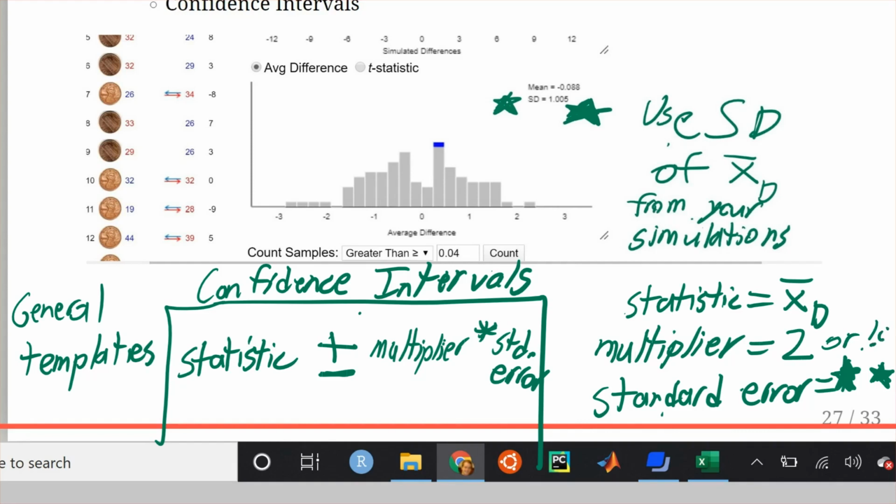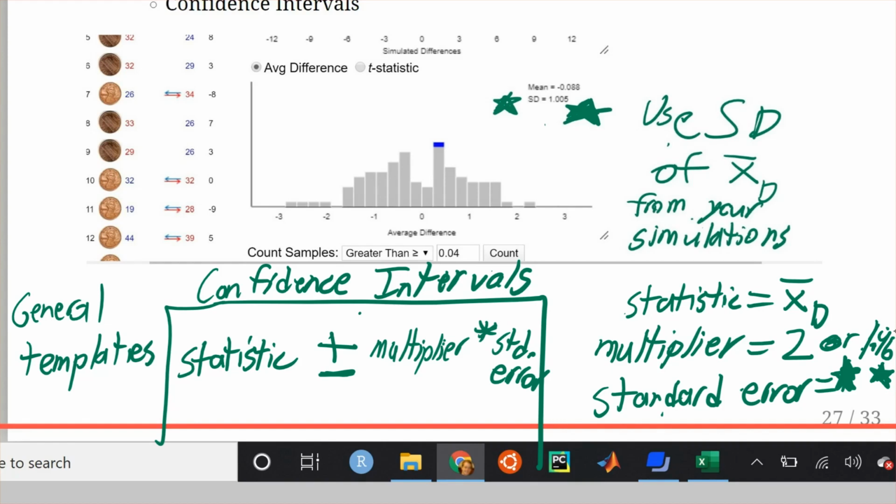Another common multiplier is 1.96. That's for 95% confidence. And then the standard error. You can find the standard error in the same location of your graph. It's the standard deviation of all the sample statistics.